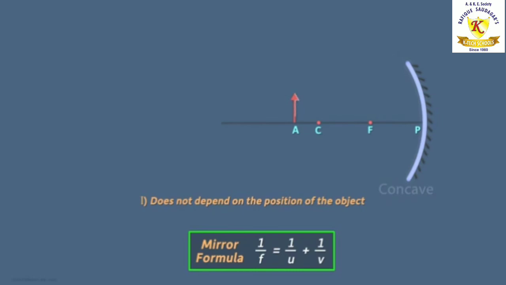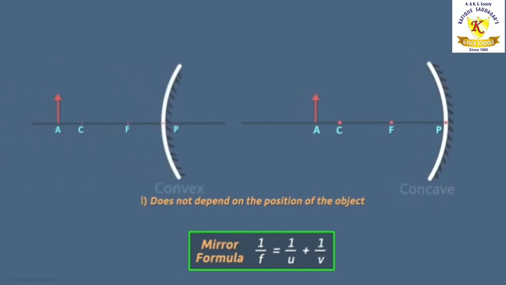It is the same for any position of the object. What if instead of a concave mirror we had a convex mirror? Again, it wouldn't change our formula. Yes, this formula is true for all types of spherical mirrors.